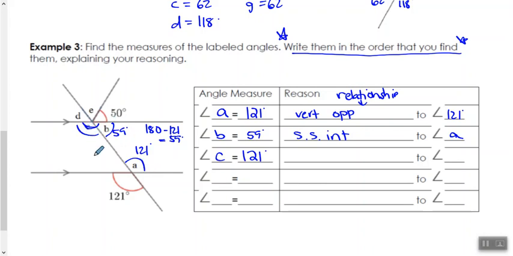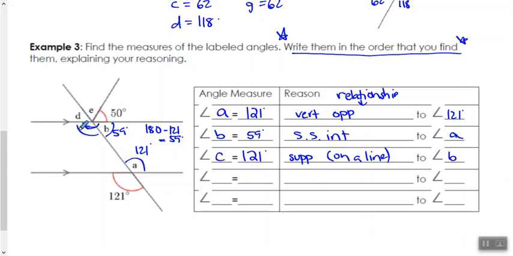It's on a line. So it's supplementary to angle B. Now, notice how same side interior is supplementary, but I don't say it's supplementary. It's supplementary because it's same side interior. So that's what you would write here. Okay, so writing on a line or supplementary to angle B when you have two angles on a line is fine with me here.